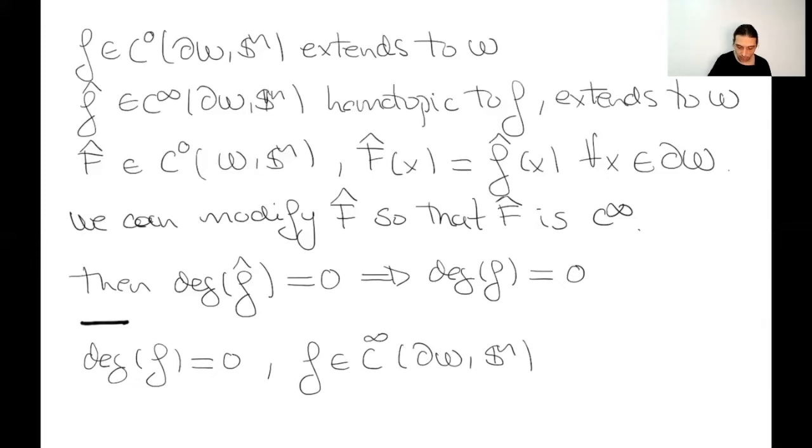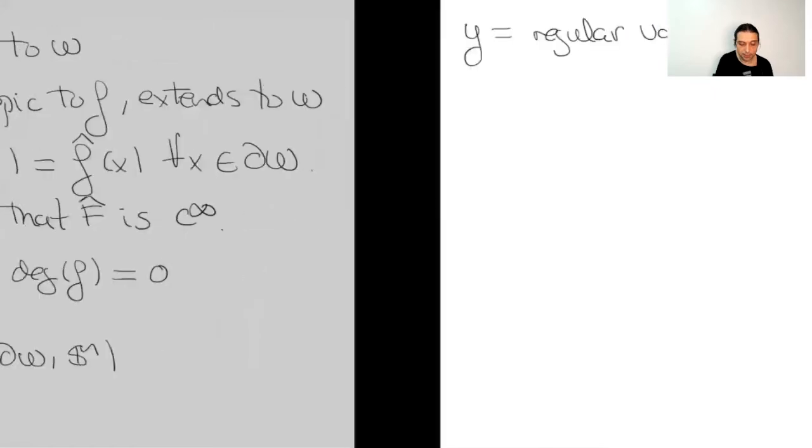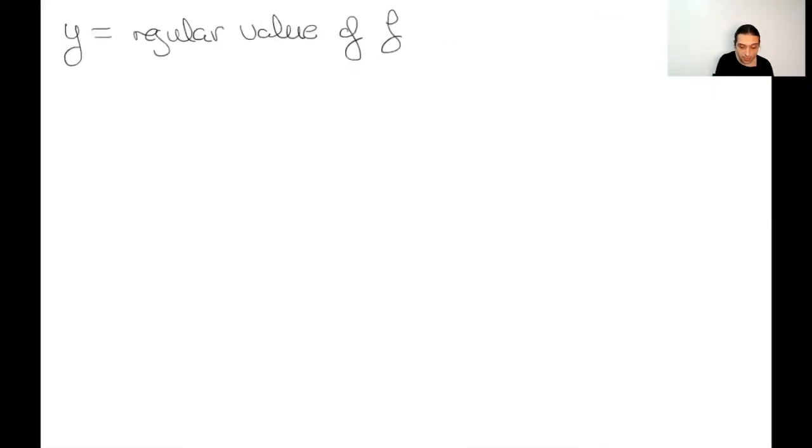And now, what happens in this situation is that we can consider y a regular value of this map, right? And since the degree is 0, what we have is that the number of points in the preimage of y is even, and half of them are positive, and the other half are of negative type, right?